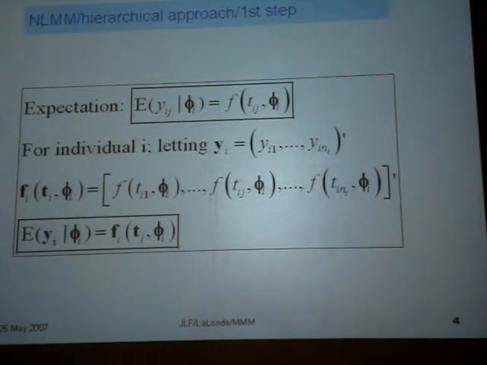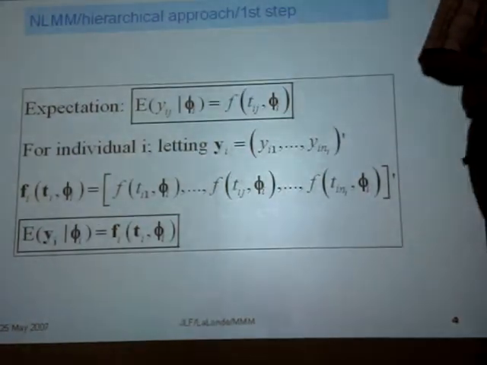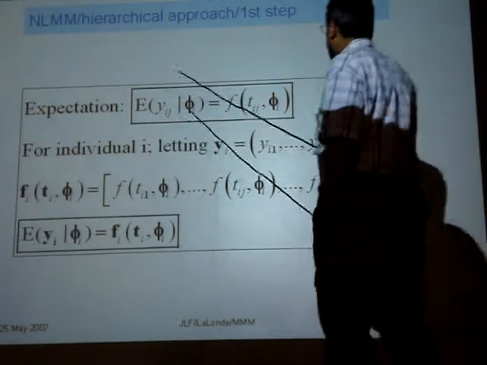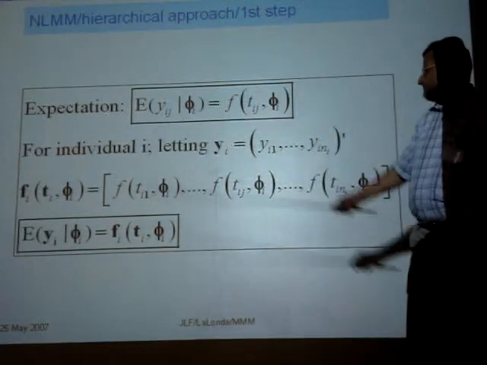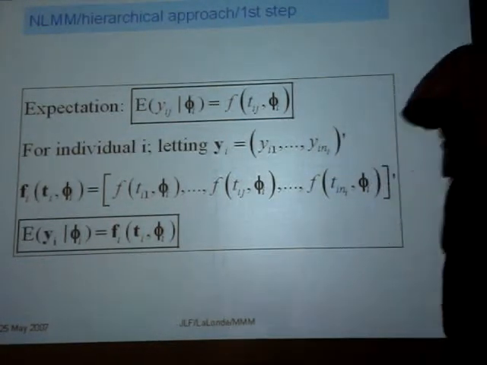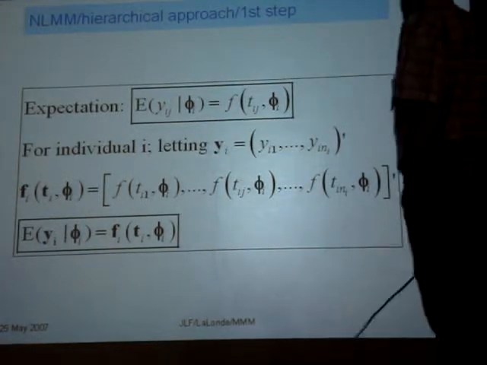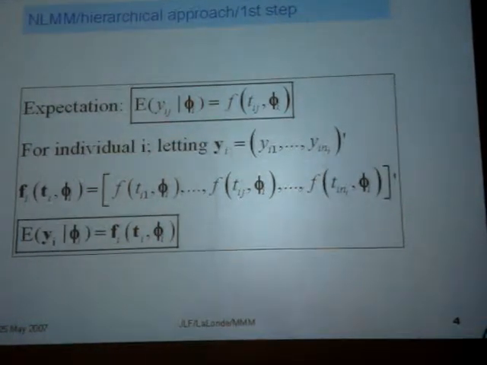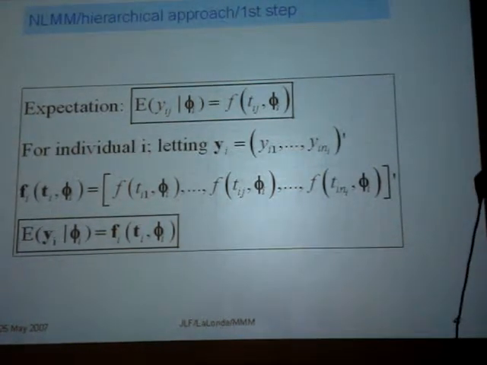Now, we present this model according to a hierarchical structure. It's really useful for inference. So the first step is to define the conditional distribution of a response given this individual parameter, phi_i. And we consider the expectation and the variance of this conditional distribution. So the expectation is f of tij, phi_i. In fact, we represent this under vector notation.